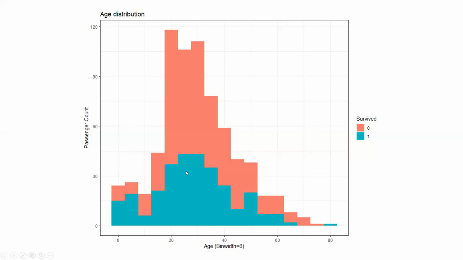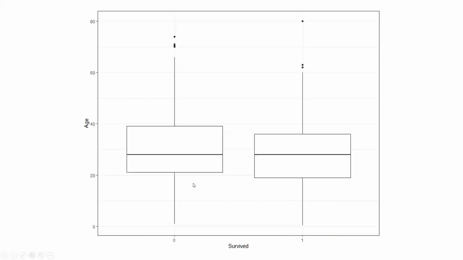And if you see in the early part, a good number of young people, around 20 to 30, were saved. Even kids and all, they were saved. So this blue graph is left skewed. So more saving data is on the left hand side. So we can say that younger people were saved, right?